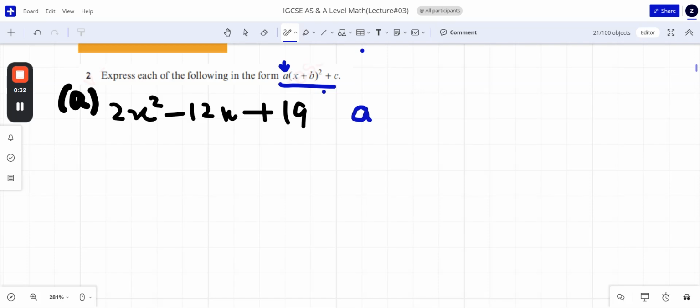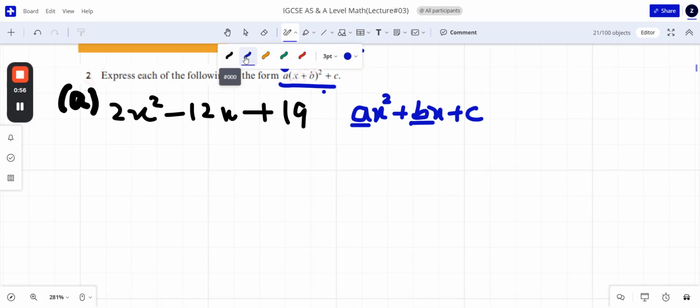The general form of the quadratic is ax square plus bx plus c, where a is the coefficient of x square and b is the coefficient of x. So we need to take the common factor, because the coefficient of x square is outside the bracket.